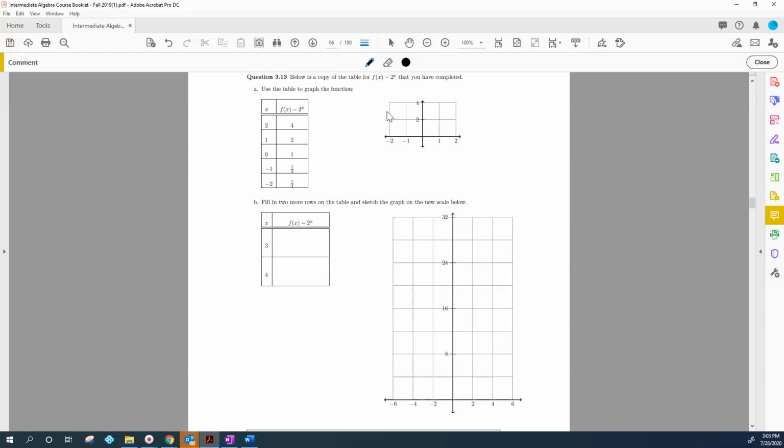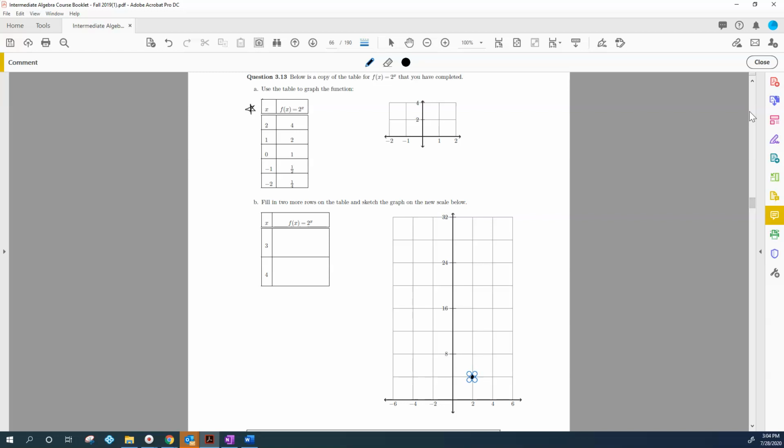Okay, I'm going to first start by plotting the points that are given here. Sometimes it's just going to tell us what x is, and we'll have to figure out what f of x is, and we'll do that down here in the next part. But let's start putting these points in so we can see what's happening. When x is 2, f of x is 4, so I go over 2, up 4, and there's a point.